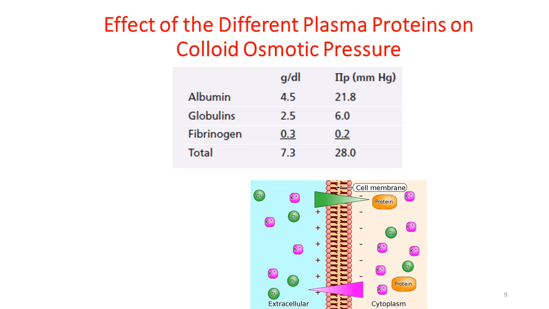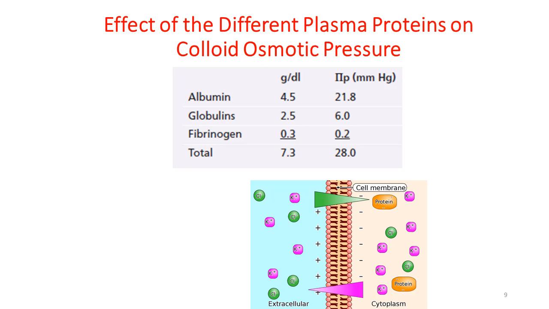There is a colloid osmotic pressure in the plasma. Some proteins generate this colloid osmotic pressure that you can see in this slide. First of them is albumin. Albumin can generate an osmotic pressure of around 21.8 millimeter of mercury.